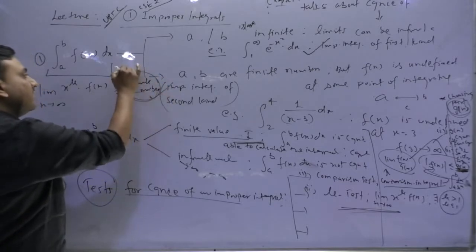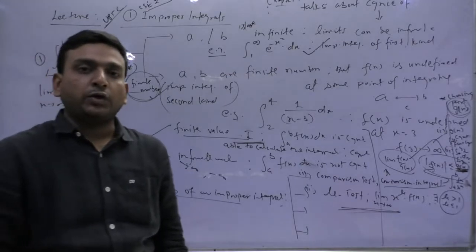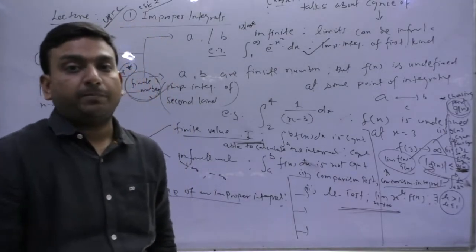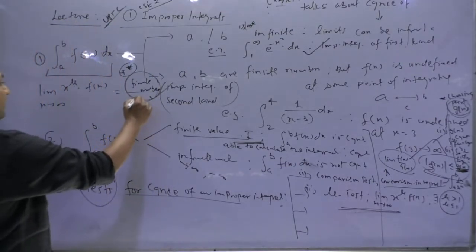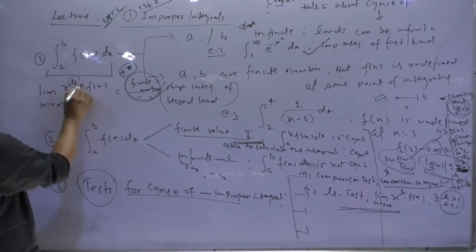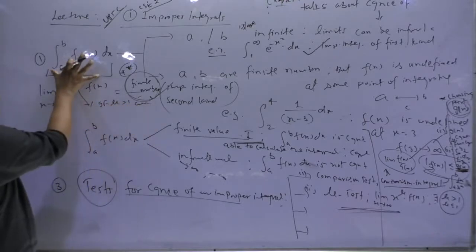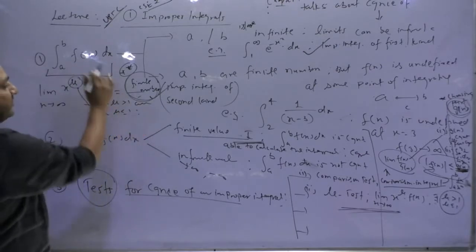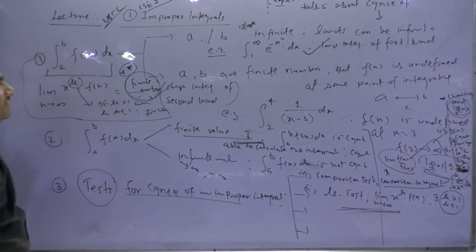Please focus here and mark a star here, whether it is a finite non-zero number or a finite number only. Clear? So if it comes out to be a finite non-zero number, meaning this limit itself, now if mu is greater than 1, this integral is convergent. If mu is less than or equal to 1, this integral is not convergent, or you can say divergent.